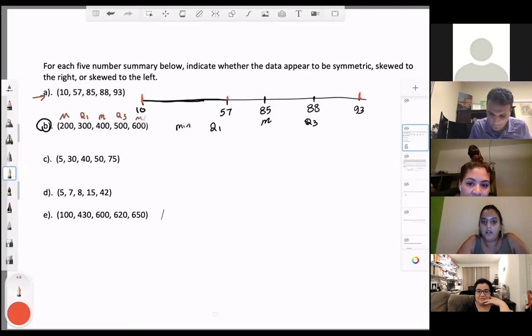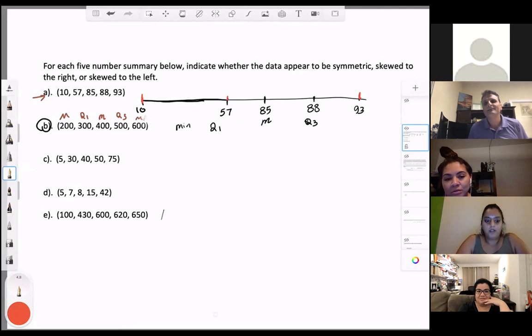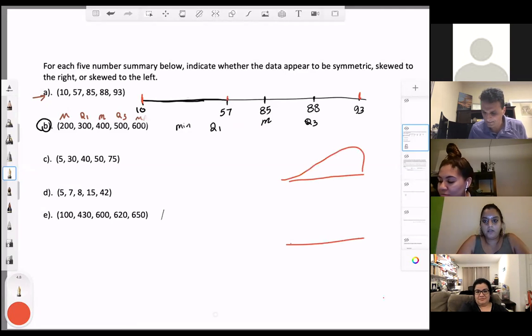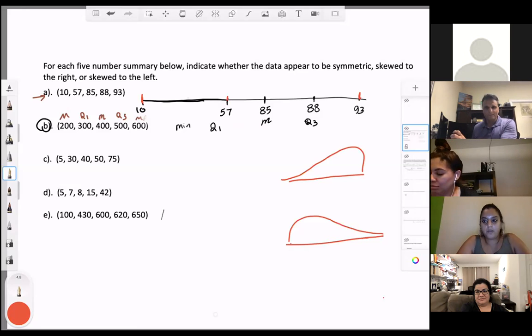So from now, what do you think the answer is going to be? Is that going to be like this, or is it going to be like that? For sure, you're not going to say symmetric because the idea has to be the same interval. Correct. Now, tell me which one.